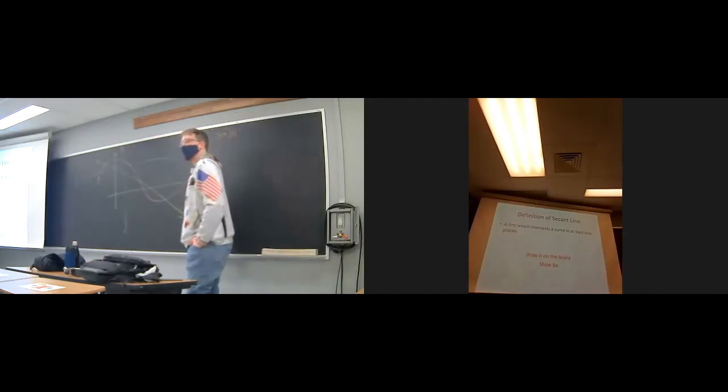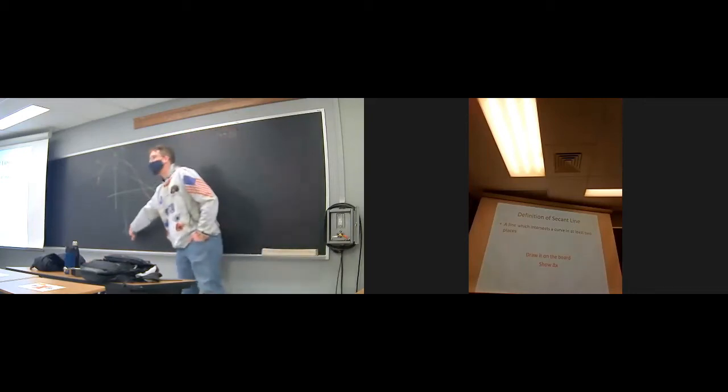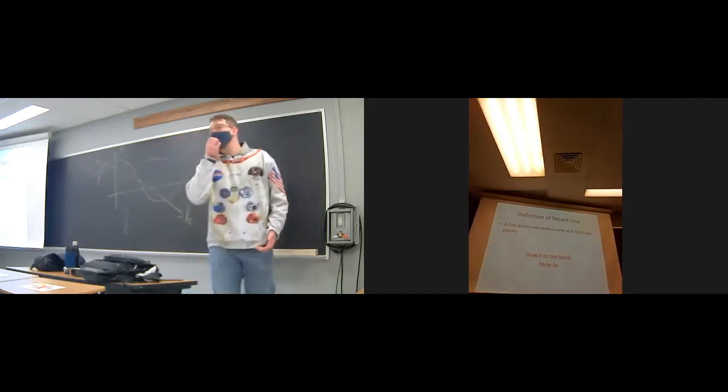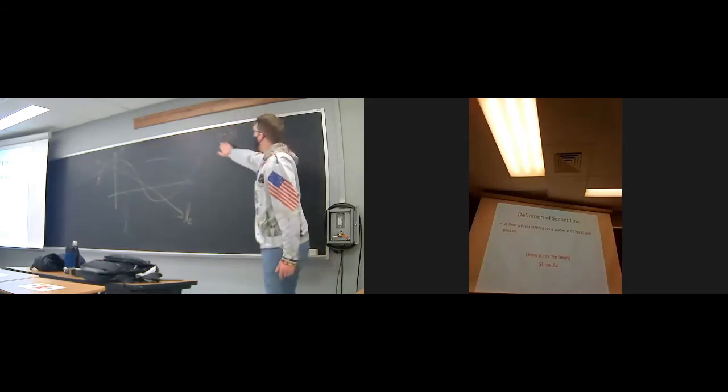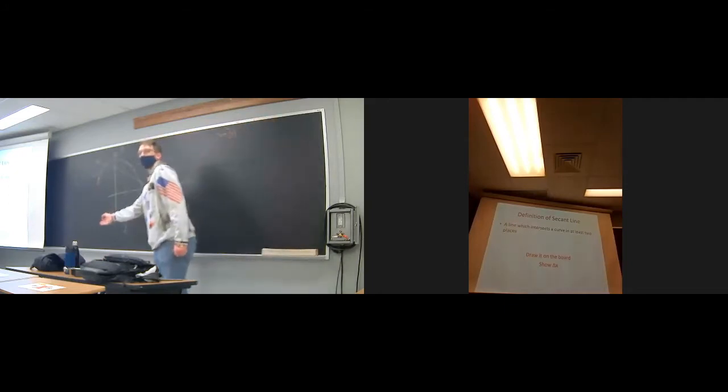1 and 2. Who agrees? Why isn't 3 a secant line? Because it only crosses once. Right. How do we know it only crosses once, though? Because we can see it on the board. Well, there's that, but if this curve didn't represent the graph of a function, there's a possibility that it could wrap back in on itself, right?